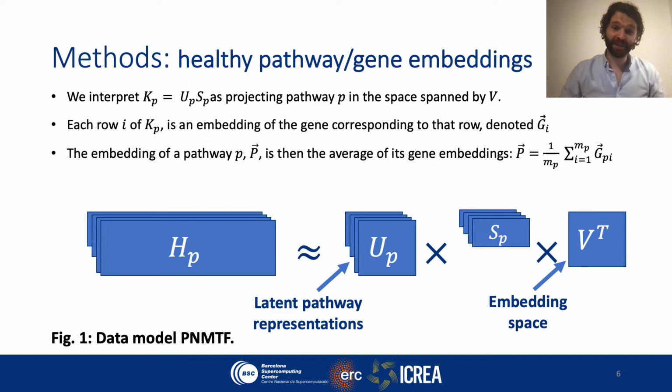Having defined our PNMTF model, we can go on to define pathway and gene embeddings. So for a given pathway P, we interpret multiplying its latent pathway representation matrix UP times SP as projecting that pathway in the embedding space V. Each row of that matrix corresponds to the embedding vector of a given gene that participates in that pathway in the common space V. We then represent that pathway as the average of its gene embedding vectors.